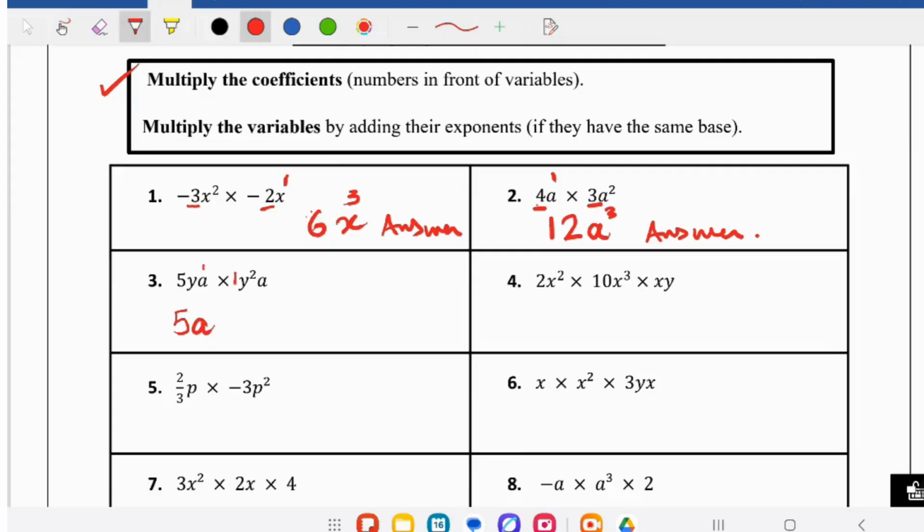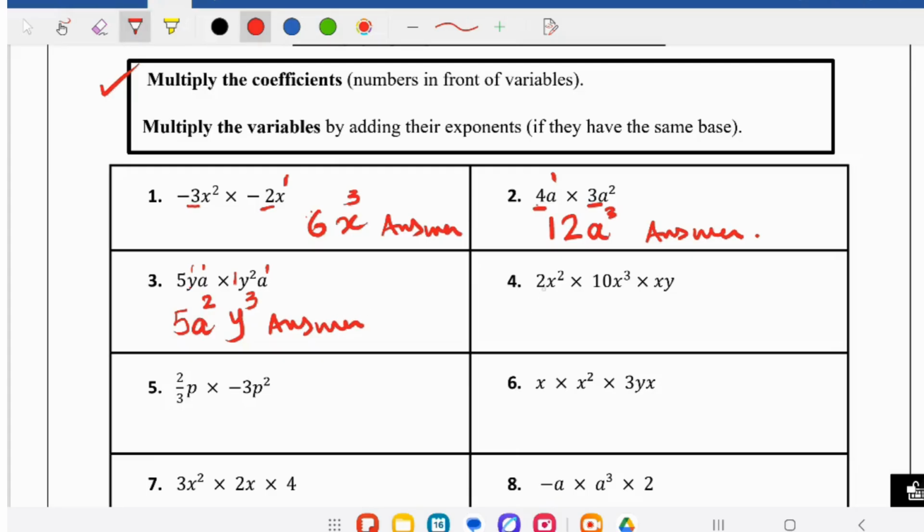So a to the power 1, invisible 1 here, so a to the power 2, because 1 plus 1 is 2. And y to the power 1, which is invisible 1, and y squared, which gives y cube, because 2 plus 1 is 3. So I'm going to add the powers. Answer.